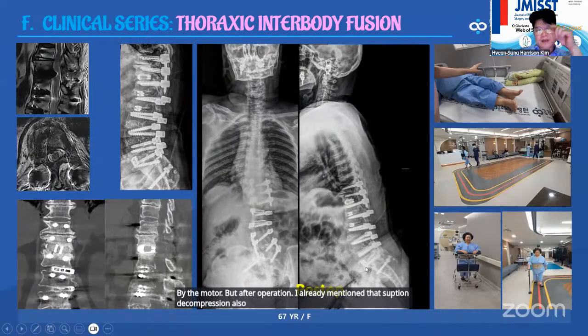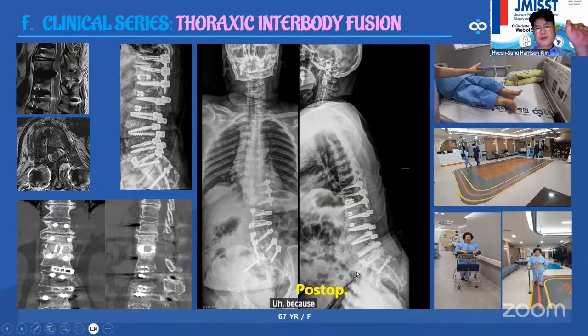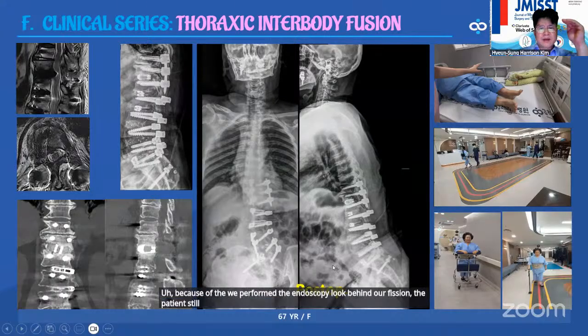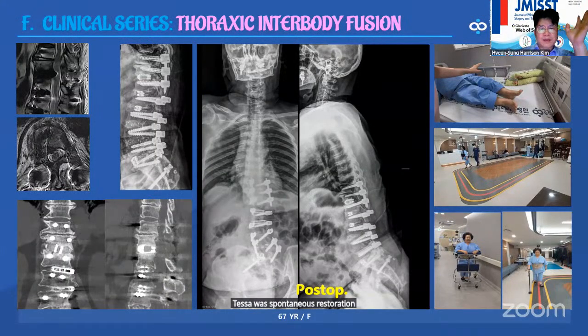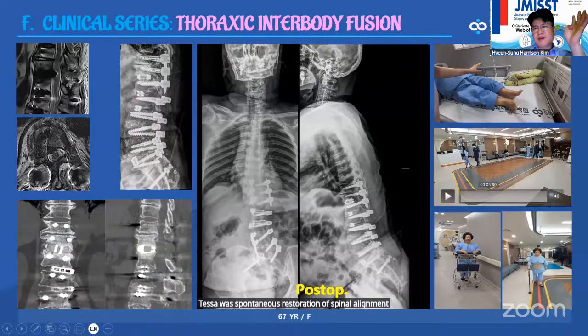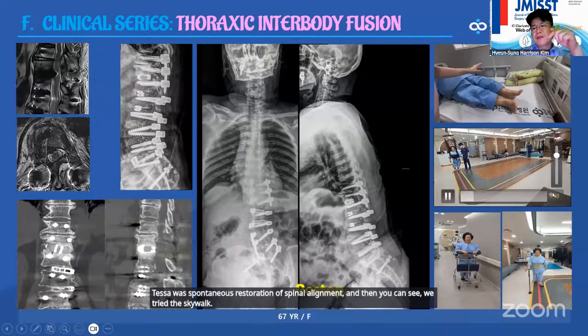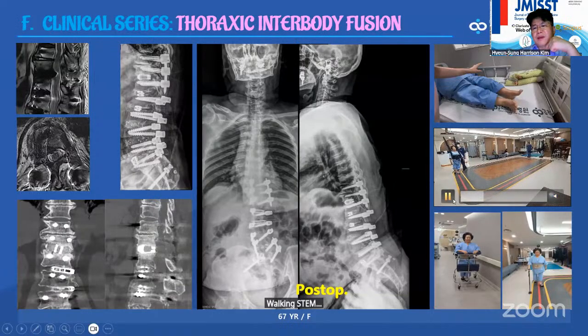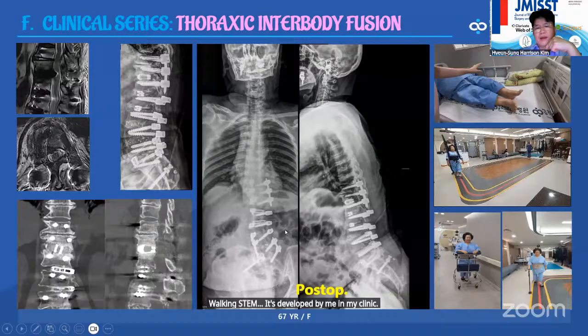Post-op, the alignment is not corrected sufficiently, but because we performed endoscopic lumbar interbody fusion, the patient still keeps the concept of tensegrity. It means that the patient has a chance of spontaneous restoration of spinal alignment. And then you can see we tried the skywalk walking system, developed by me in my clinic, this way.